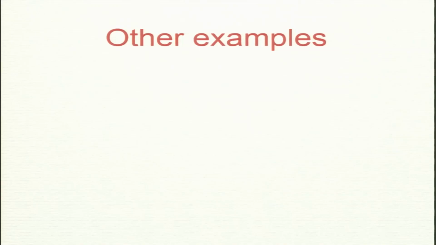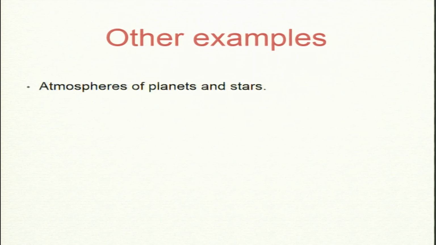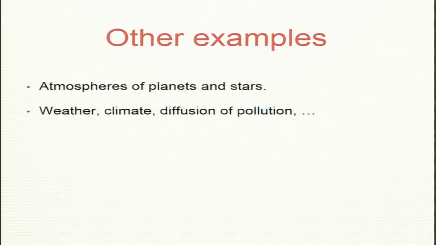Other examples, I will give only a couple; turbulence is everywhere. In the atmosphere of planets and stars, most of the time the Reynolds number, or the nonlinear term compared to the diffusion term, is very large. So, weather, climate, diffusion and pollution, this plays a big role.